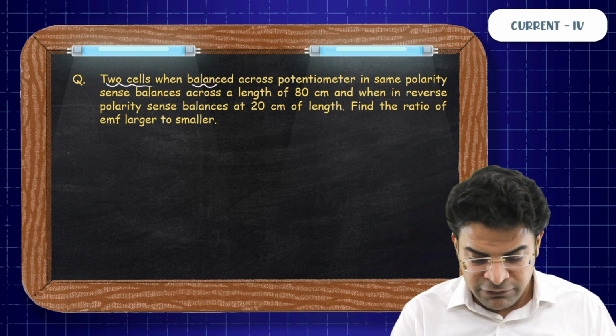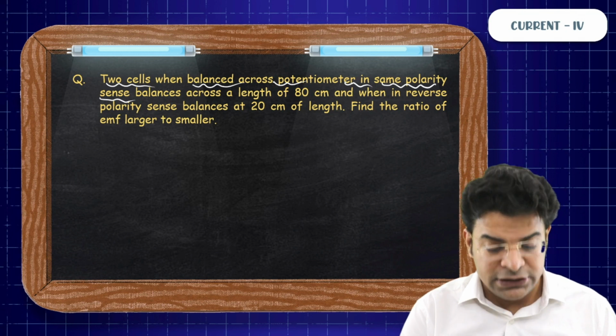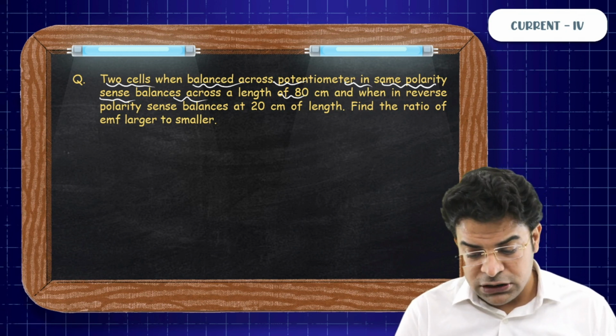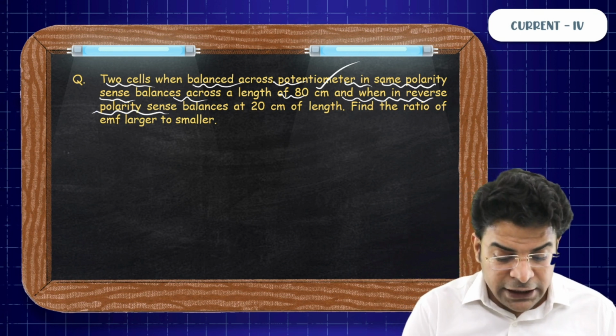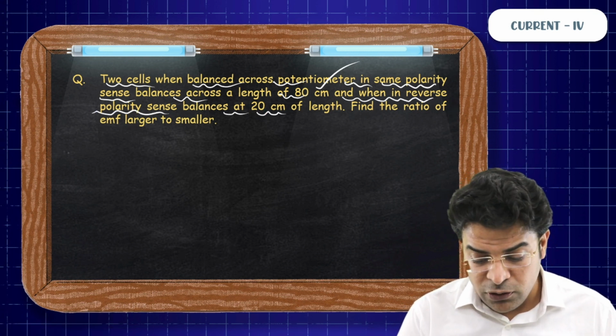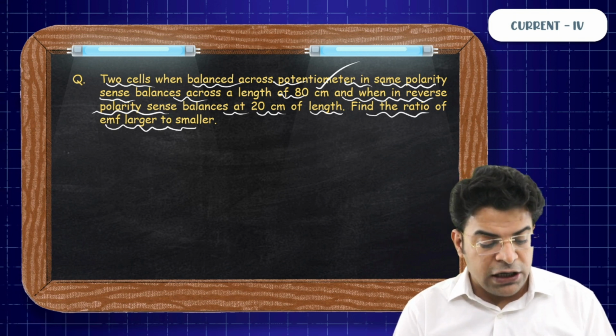Two cells when balanced across a potentiometer in same polarity sense balance across a length of 80 centimeter, and when in reverse polarity sense they balance at 20 centimeter of length. Find the ratio of EMF of larger to smaller.